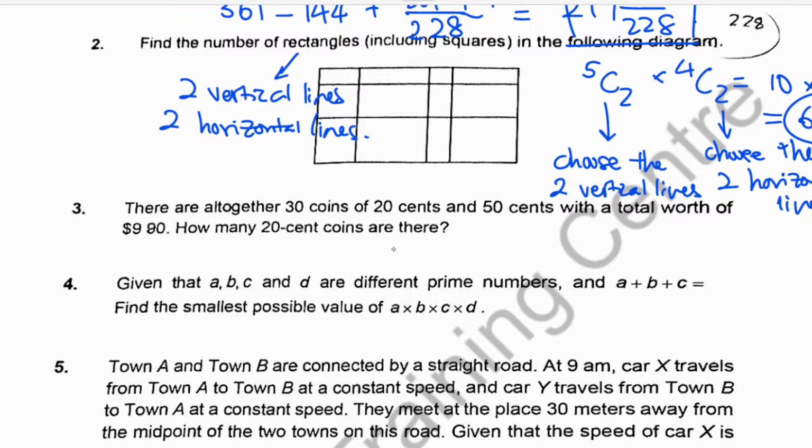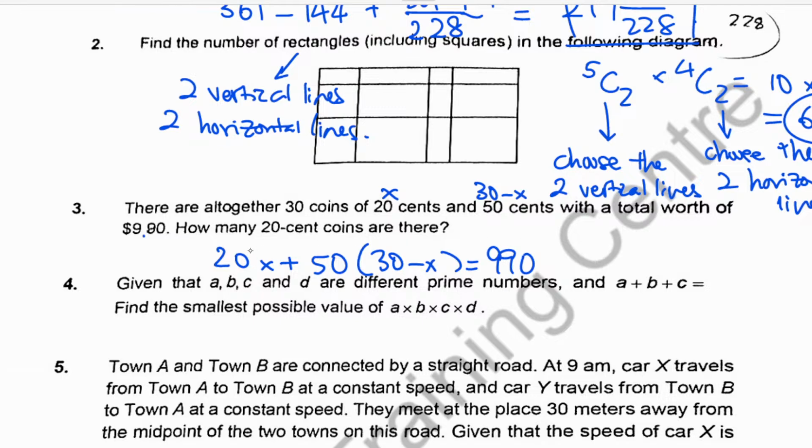That's question 2. Question 3. There are altogether 30 coins of 20 cents and 50 cents. Let's say there are X 20-cent coins, then there are 30 minus X 50-cent coins. They are worth a total of $9.90. So how many 20-cent coins are there, what's the value of X? We have 20X plus 50 times 30 minus X is equal to 990.